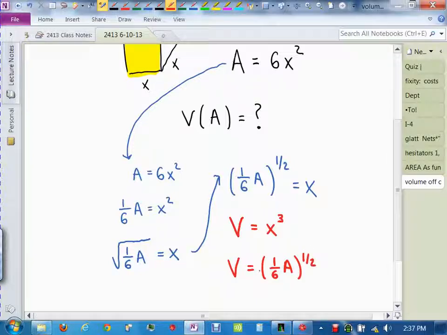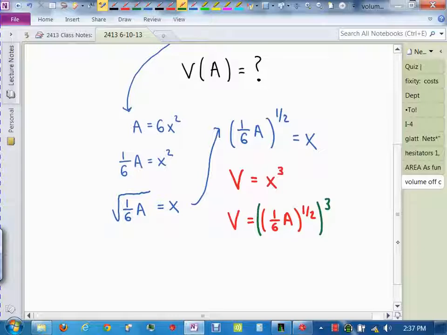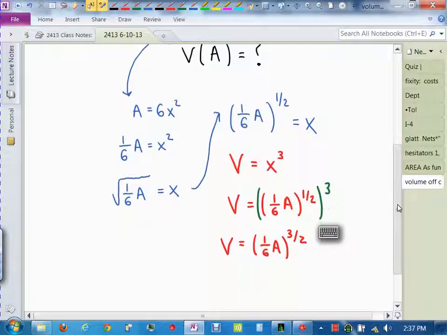But then what are you going to do with that? Cube it, right? Y'all see what I did there? And what do you have when you have something to a power to another power? What do you do to these powers? You multiply them. So our volume is actually 1/6 a raised to the 3/2. And that is a pretty clean formula right there.